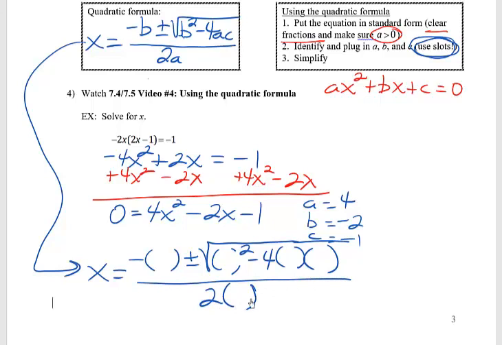I'm just replacing each letter with a slot. That's what it's there for. All I have to do now is stick the A, B, and C values into their appropriate slots. I ended up with 1, 2, 3, 4, 5 slots. That's because in this formula there are 1, 2, 3, 4, 5 letters.